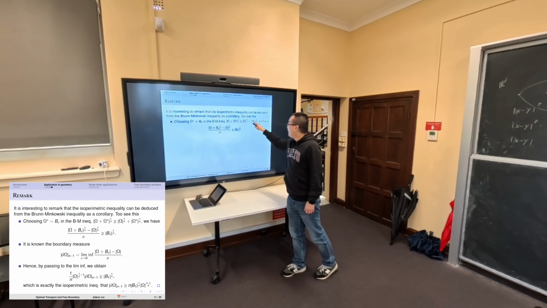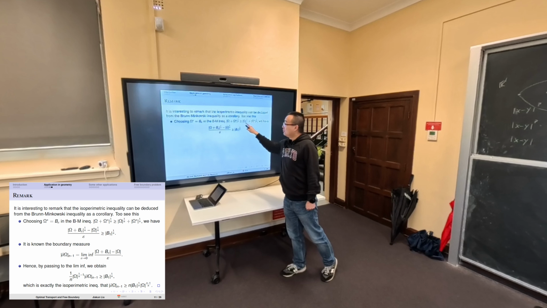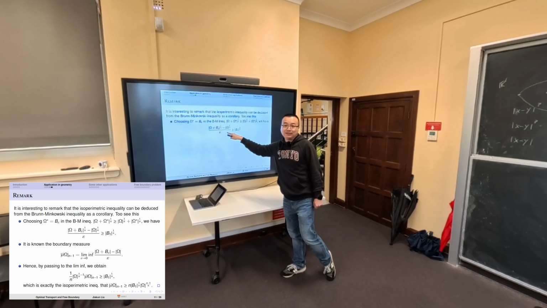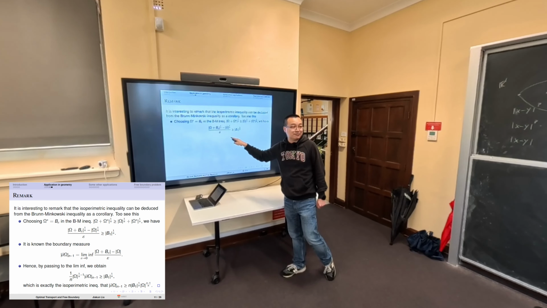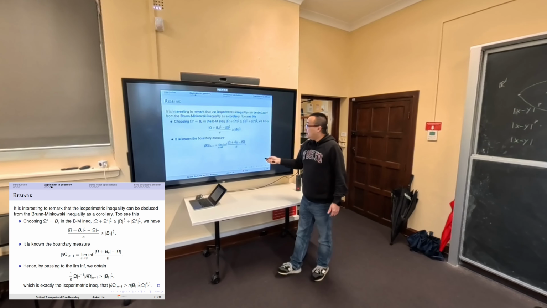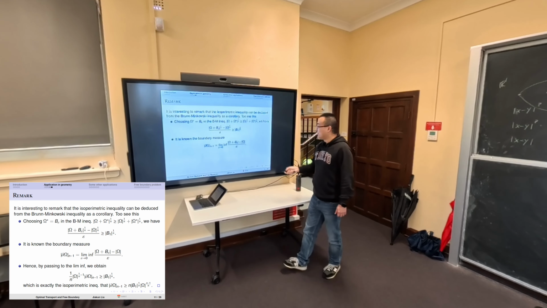Now I choose a special omega star, B epsilon. If I choose omega star to be B epsilon, I have this inequality. For students, you look at the left-hand side, it's very familiar. That's exactly the definition of a derivative if I take epsilon going to 0. So that's called linearization.